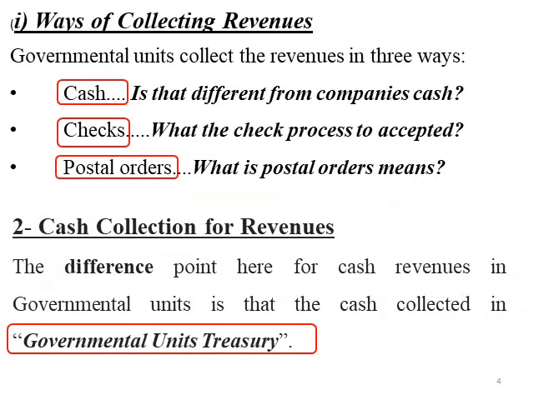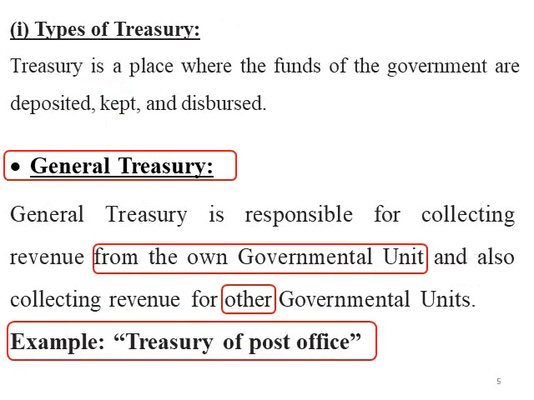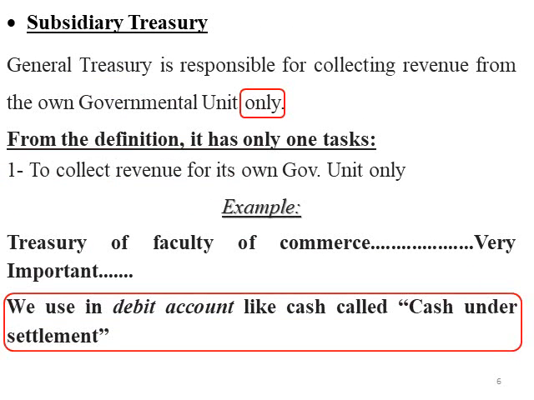And we also discussed in the previous class that we have 3 tools to collect these revenues: if we collect cash, if we collect checks, if we collect postal order. And also we differentiate between general treasury and subsidiary treasury. And we said the main point that the general treasury can collect money for the government and collect money for other governmental units.